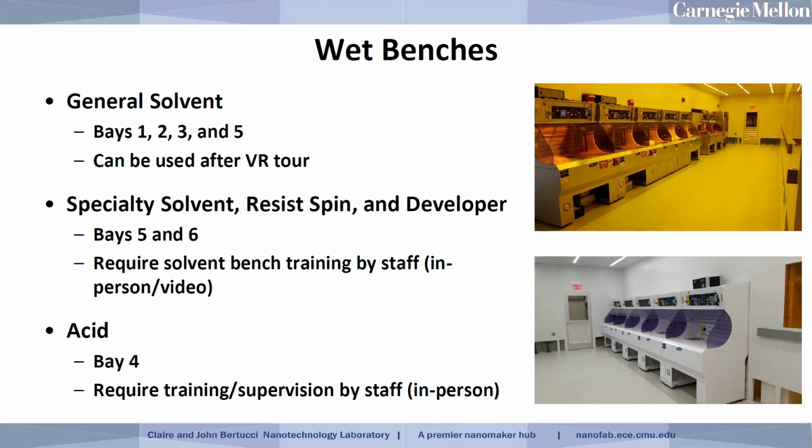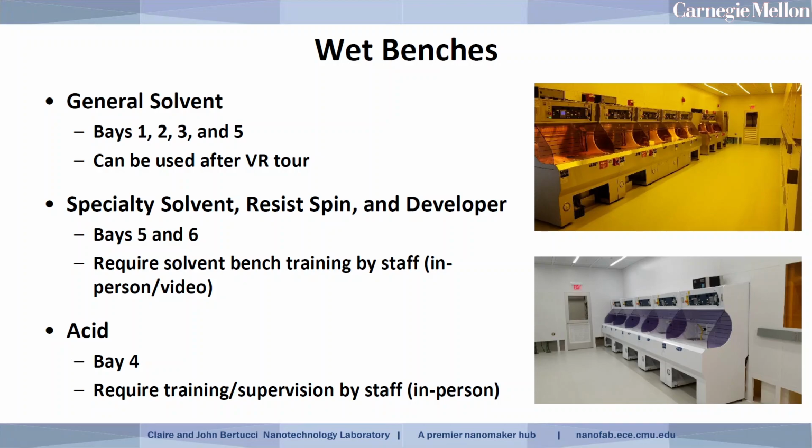So a little bit more about the different wet benches. I want to make sure that I emphasize the distinction between the different categories of wet benches. So we have the general solvent benches, one of which is located in each of Bay 1, 2, and 3. And in Bay 5, the first 2 benches in the bay are identical to those located in the previous bays.